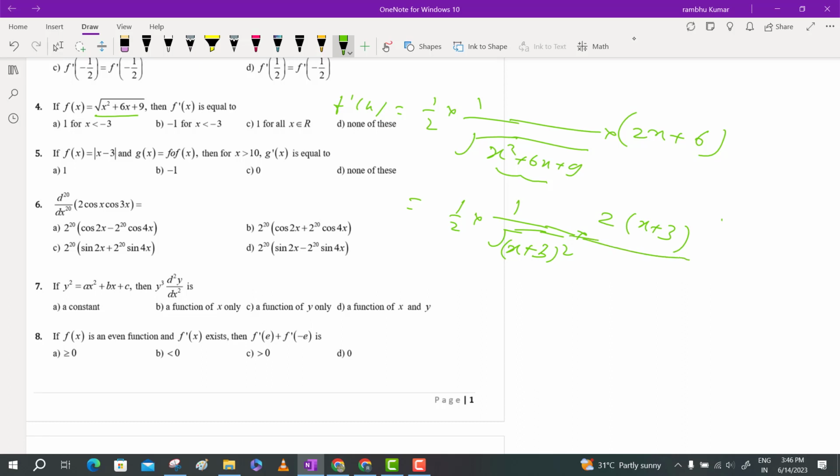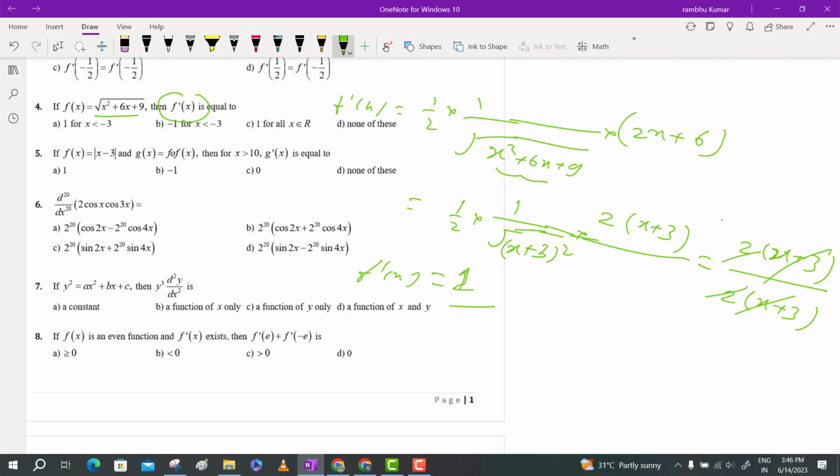Okay, so now this whole thing is 2 by x plus 3 divided by 2, and now this will come out x plus 3. So this whole thing cancels, so you will have 1 now, which means this particular derivative f dash x won't have any variable in the derivative function, right?